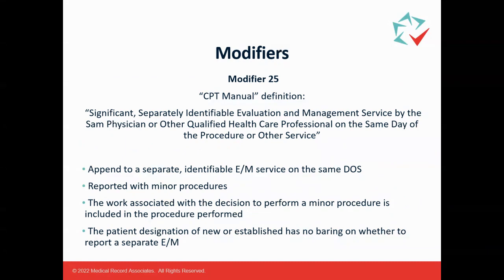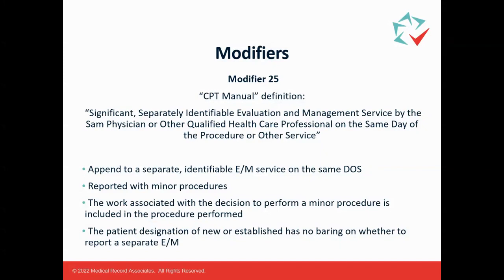Next is modifier 25. This is the CPT manual description that I've given here for you: significant, separately identifiable evaluation and management service by the same physician or other qualified healthcare professional on the same day of the procedure or other service. So this is appended to an E&M service on the same date of service as a minor procedure.